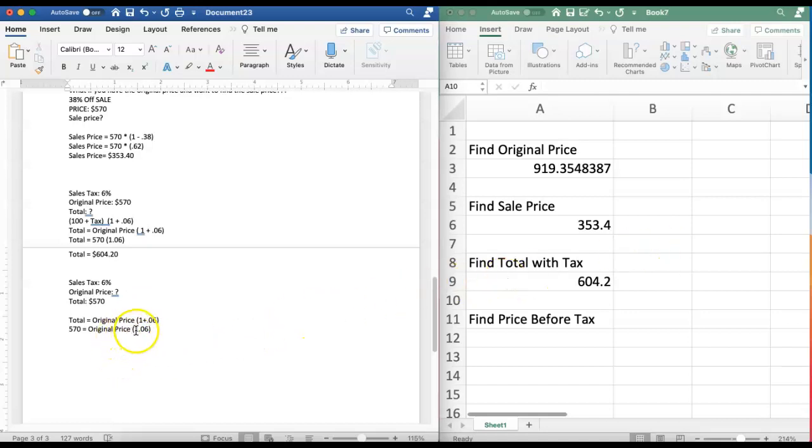Now, if I want to find the original price, I have to solve for that by dividing both sides by 1.06, because here is a multiplication sign, right? I can put the multiplication in, or I can just leave the parentheses.